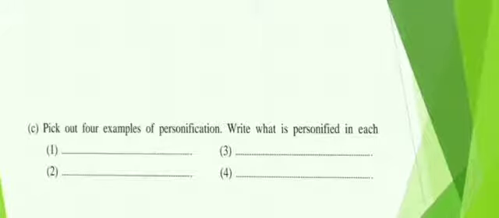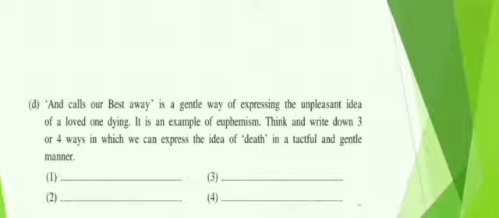Euphemism is a figure of speech wherein a harsh sentence or idea is expressed in a subtle and soft way. So, in this activity, you have to think and write down 3 or 4 ways in which the idea of death is being explained in a gentle manner.